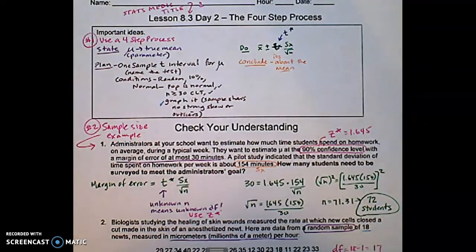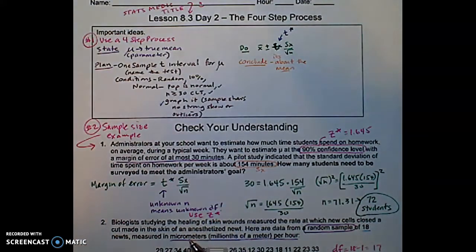So our margin of error, remember, is t star times standard deviation over square root of n. But we can't get t critical value, or t star, unless we know what n is. We're trying to find n. Since we don't know n, we don't know the degrees of freedom, so we're going to use z star instead.